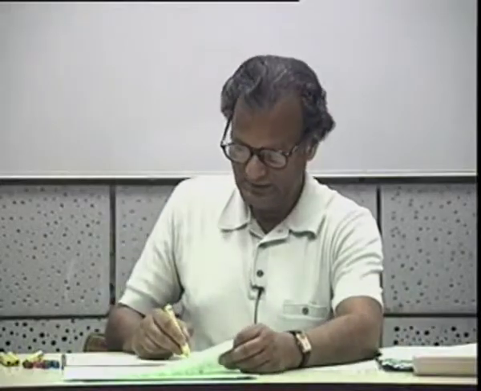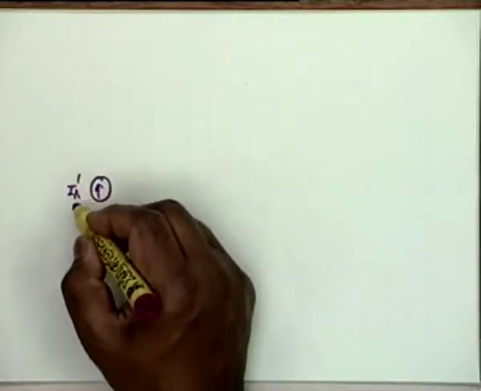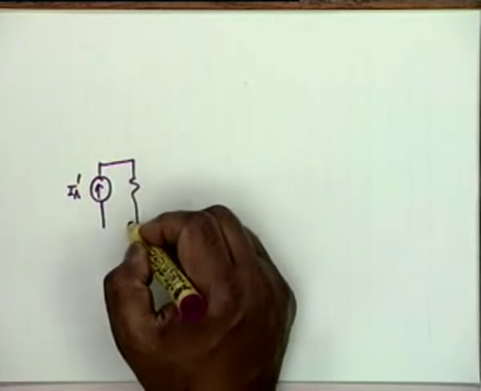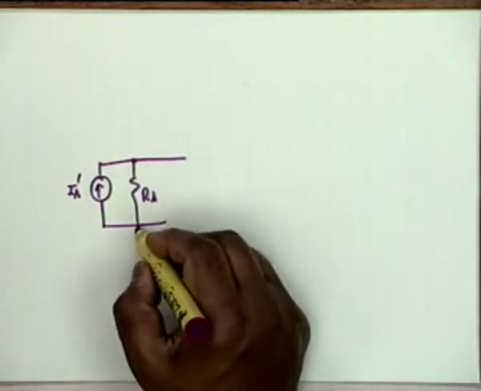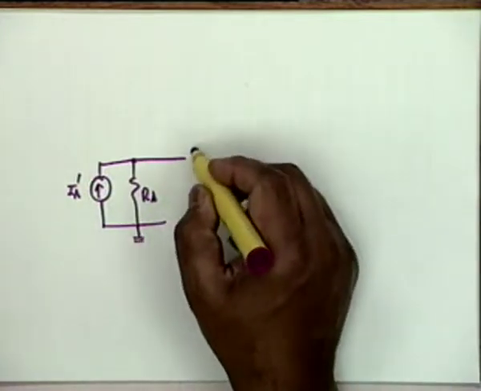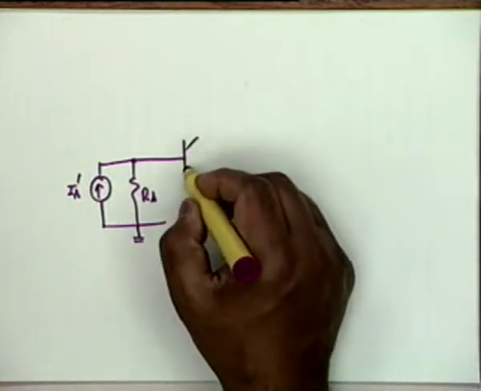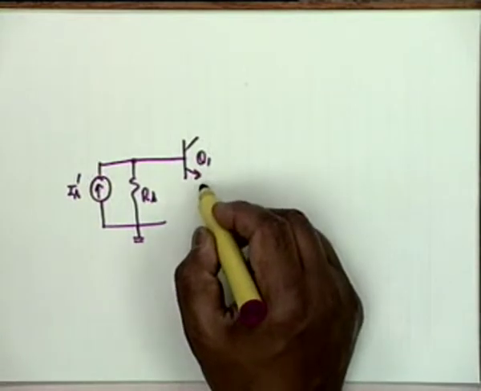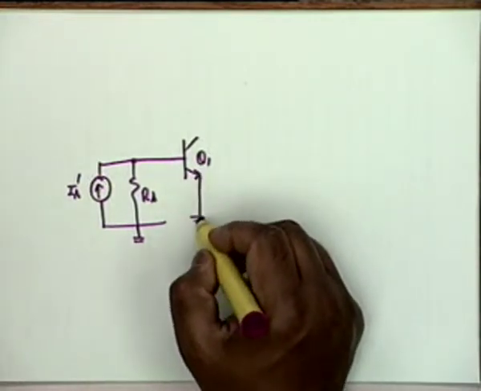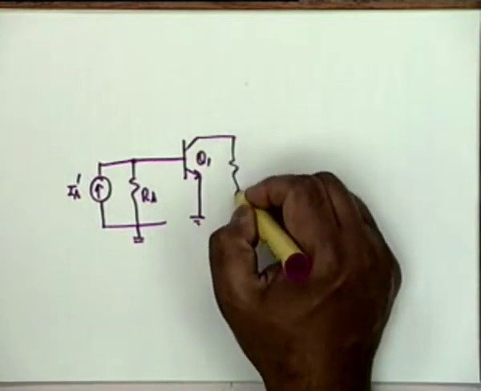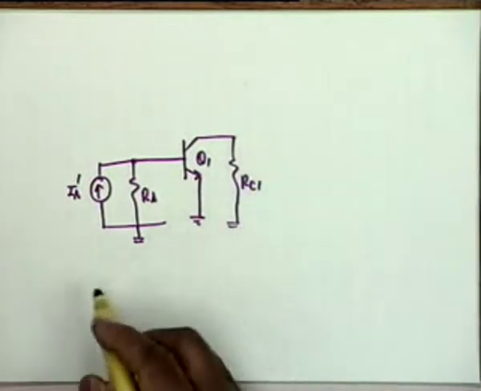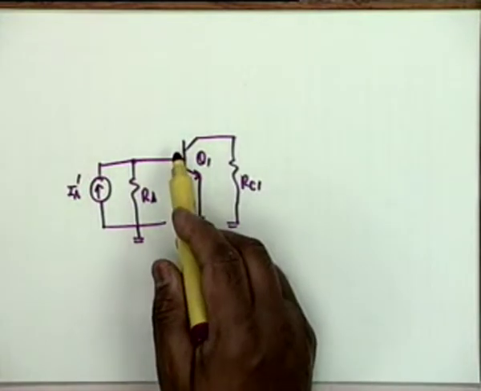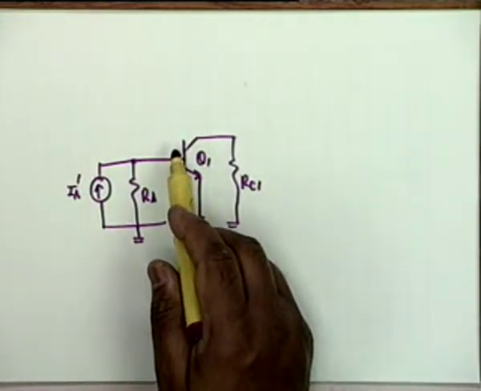And so I have Is prime, Rs, then you have the Q1, ground, RC1. What will come here from the feedback network?